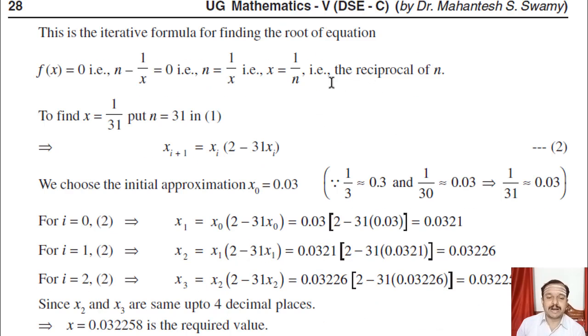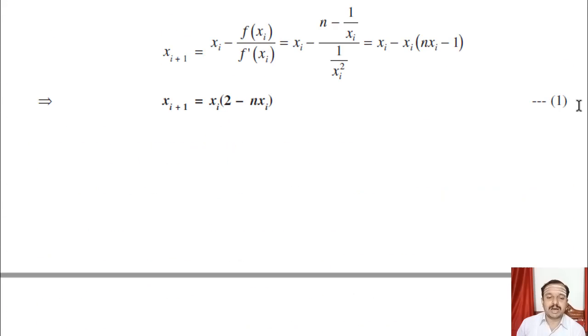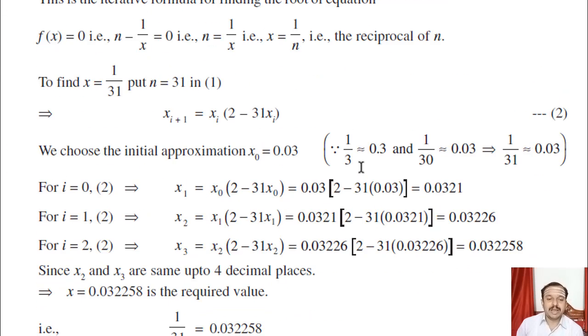Now let us use this same equation number 1 with a suitable value of i to find the value of 1 by n. This is additional work assigned to us. In order to find 1 by 31, sorry, it is 1 by 31. Actually we were speaking about 1 by n, and in this case the n value is 31, because we are finding the reciprocal of 31.